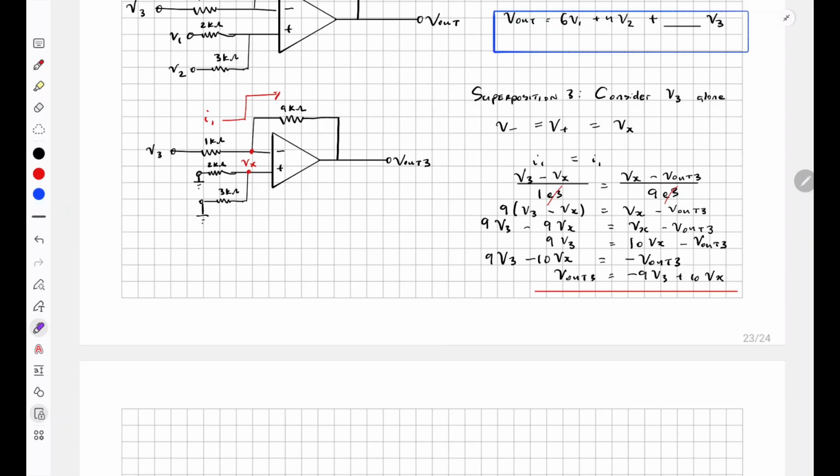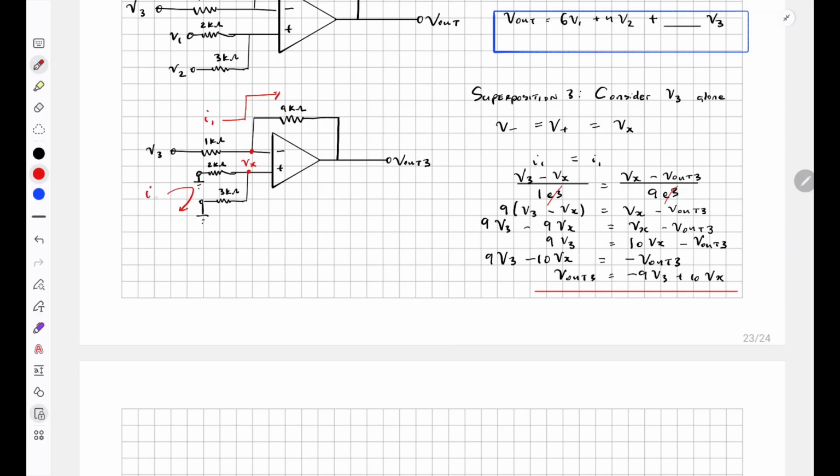This is KVL actually, so you can see this voltage goes from ground to Vx. So this is like a KVL KCL loop that we can make on this bottom section. The current is in a clockwise manner.